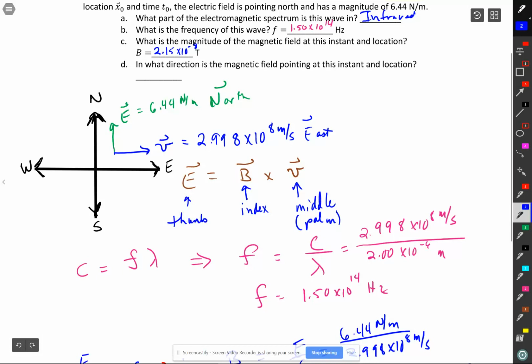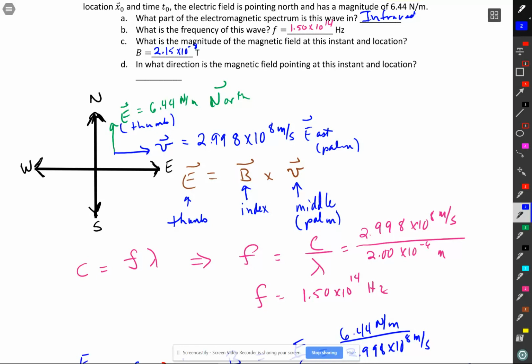So I take my right hand, and I need to have my thumb pointing north and my palm pointing east. So I orient my right hand so my thumb is pointing up, my palm is pointing east, and my index finger is pointing out of this.